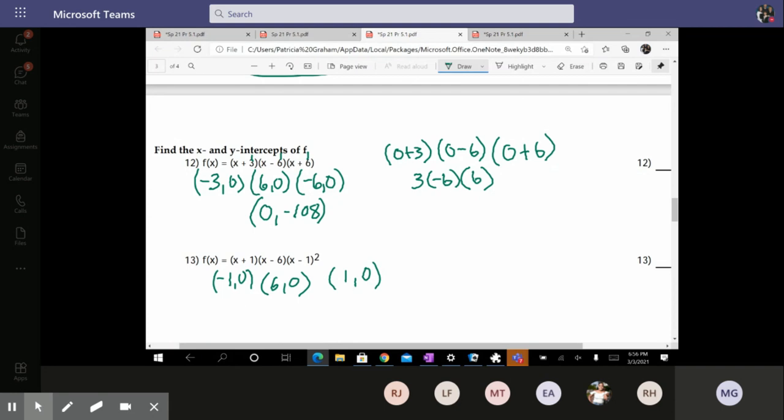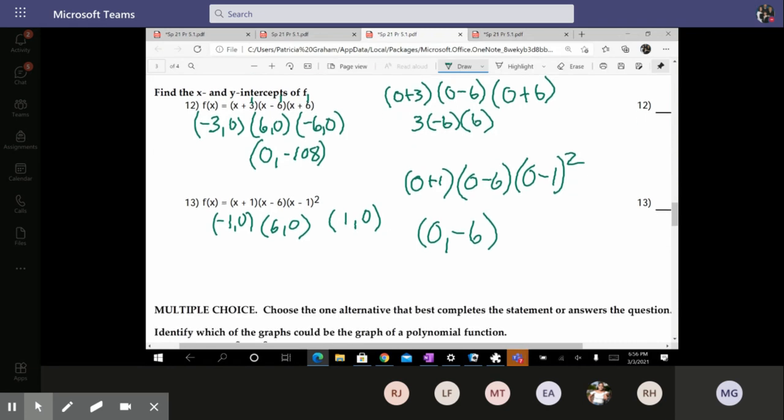What about, be careful of the signs now. What about my y-intercept for 13? Y-intercept is going to be, I heard you. Right? Be careful because that's going to turn into a positive 1 there, right?